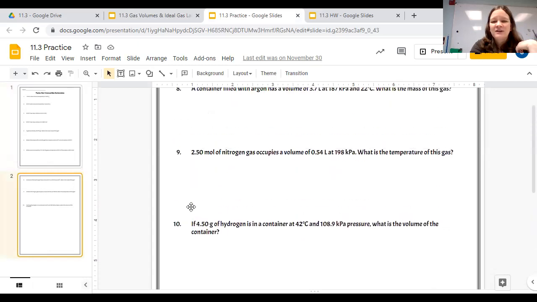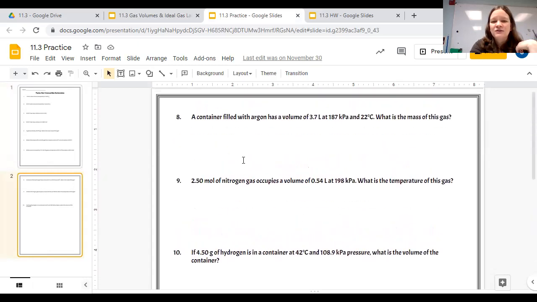And I believe there's one solving for mass, so you're going to have to find the moles and then use the molar mass to find the mass of the gas. Because remember, moles is a useful value, but to actually figure out how much I use, you have to measure the mass of it. And then we're going to find temperature, and then the last one you find volume again.